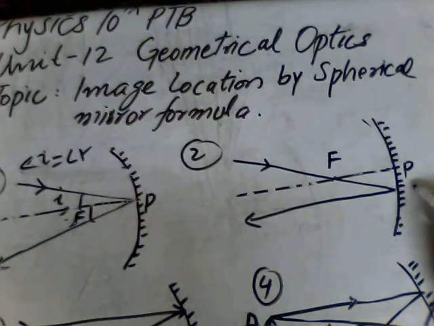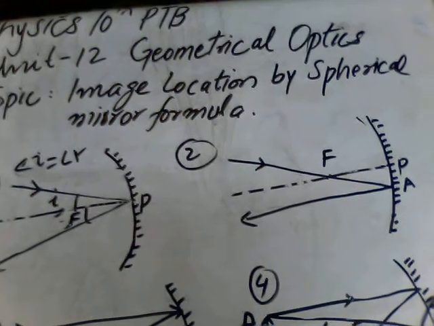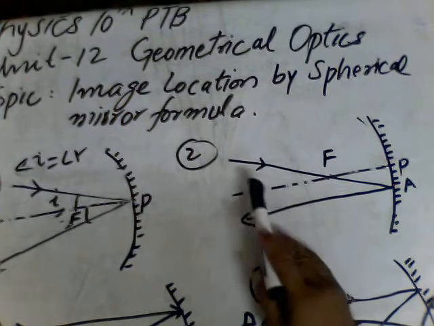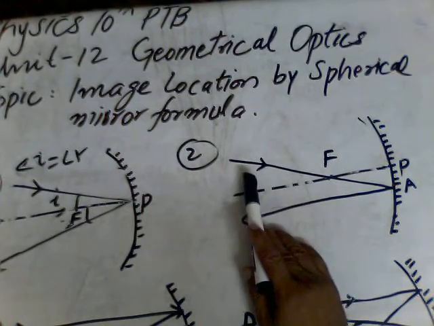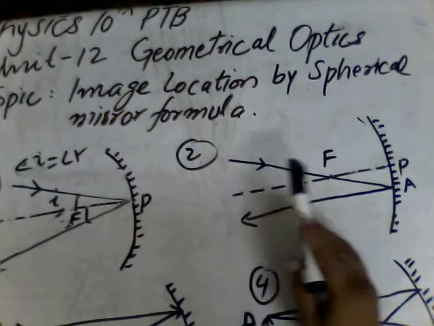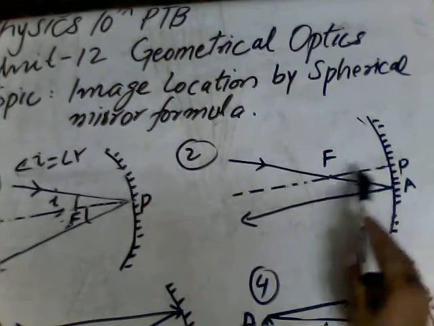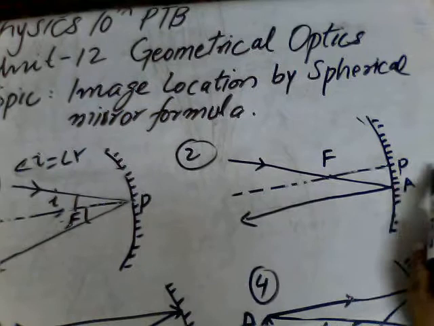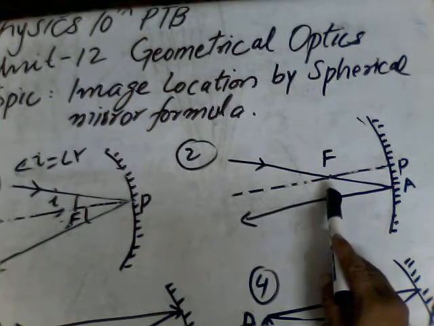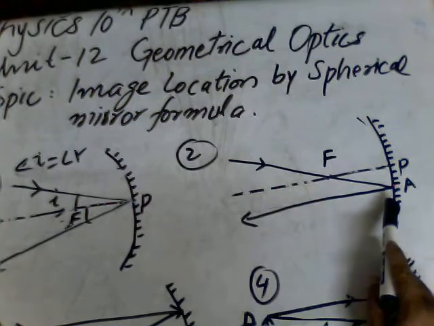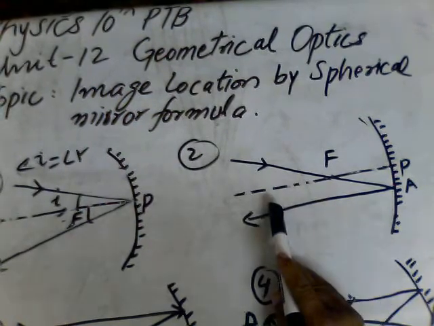Let's say it hits the point A and is reflected back. The principal focus lies on the principal axis. The ray passes through this point, hits A, and is reflected and becomes parallel to the principal axis.